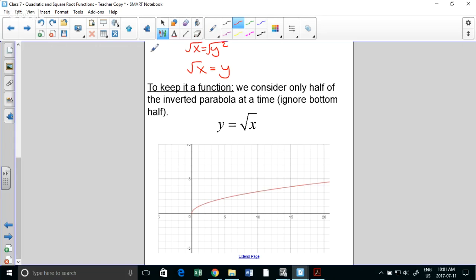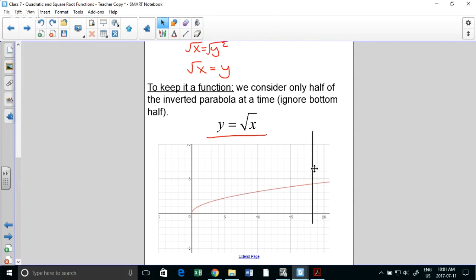So we're working with the square root of x. This is our new function. We call this the square root function. It is the inverse of a parabola. So like I said, we had this other side, to make it a full parabola, but we're just erasing it so that we only deal with 1/2 at a time, because 1/2 is a function.